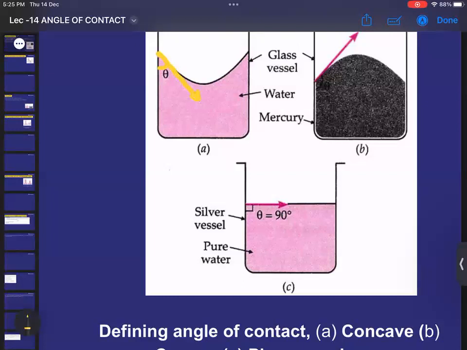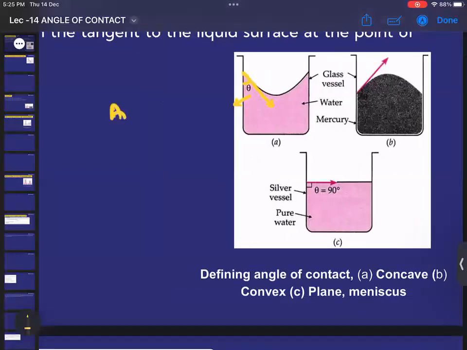For that curved surface, if I draw a tangent at the point of contact, where that liquid is in contact with the solid, then the tangent is making an angle with respect to the solid surface itself. And that angle is what is called the angle of contact.